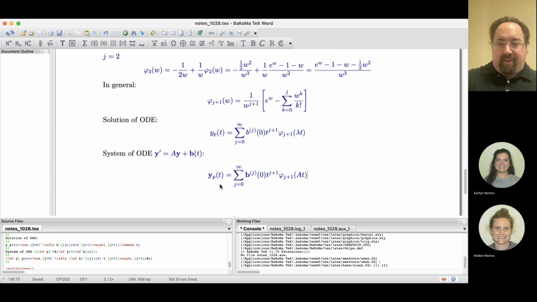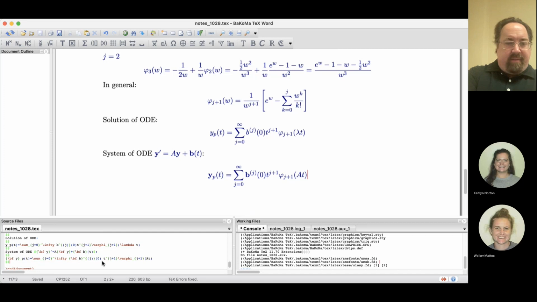And what actually led me to cover this in the first place is that this approach to expressing a solution of a system of ODEs recently played a role in my research, where I would use the first few terms of this to express an approximate solution.